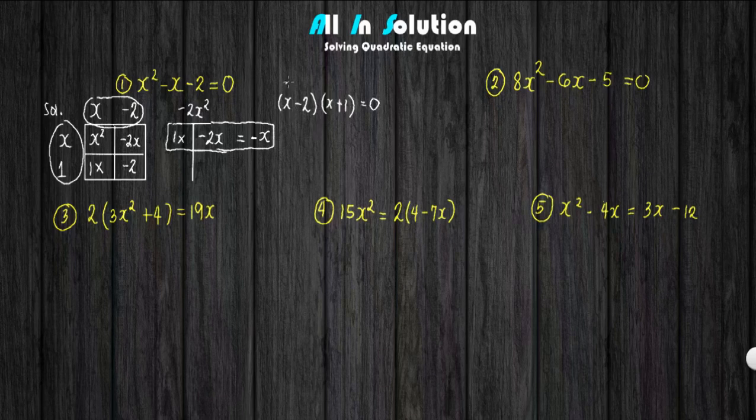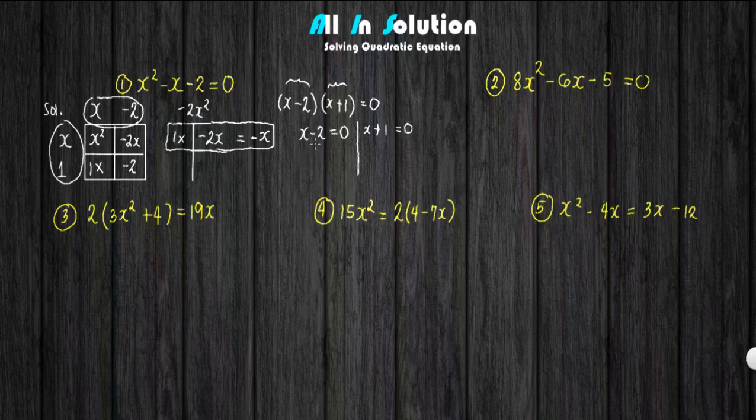Now for the x minus 2, let's equate x minus 2 equals 0. Ayan, yan yung left side ng equation. And then for the right side of the equation, x plus 1, we have x plus 1 equals 0.